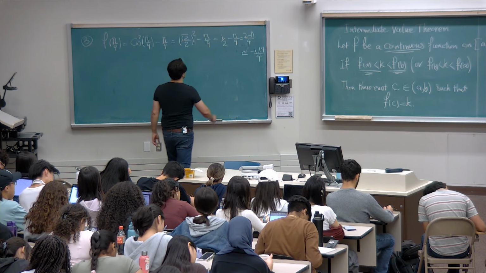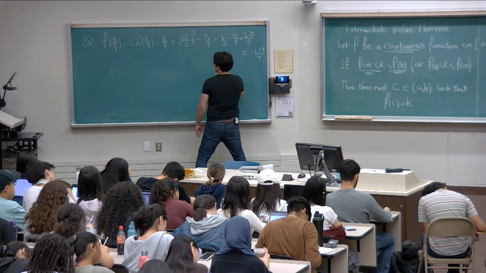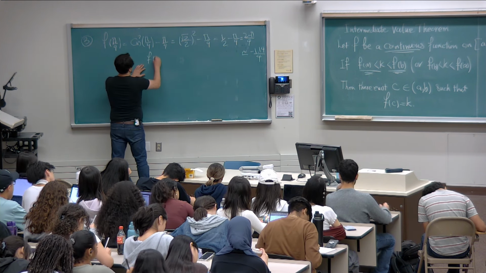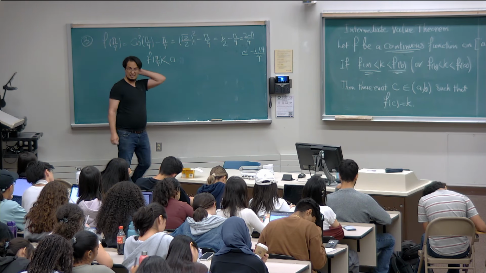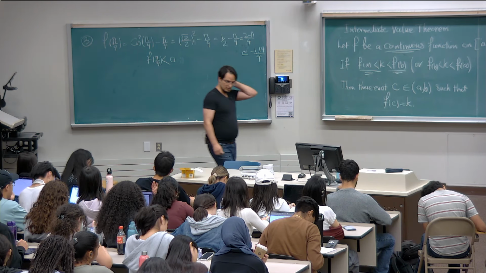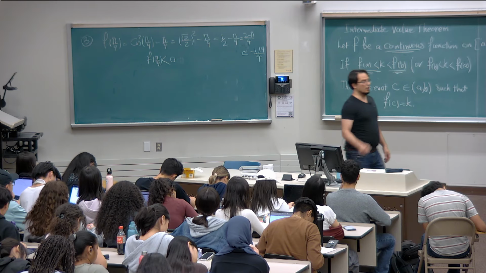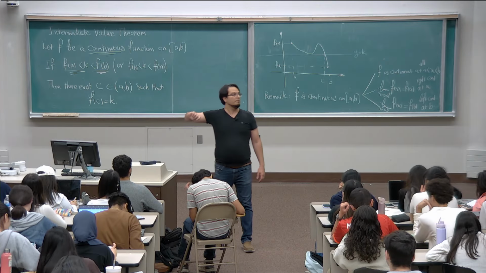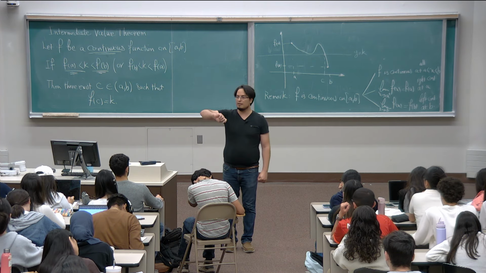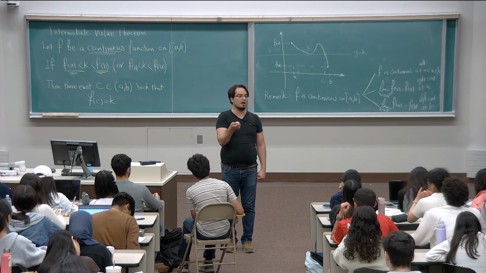So what we showed here, let me write it over here: F at pi over 4 is less than k. So I go sit in my car. I put the key in, turn the key. The car is on.